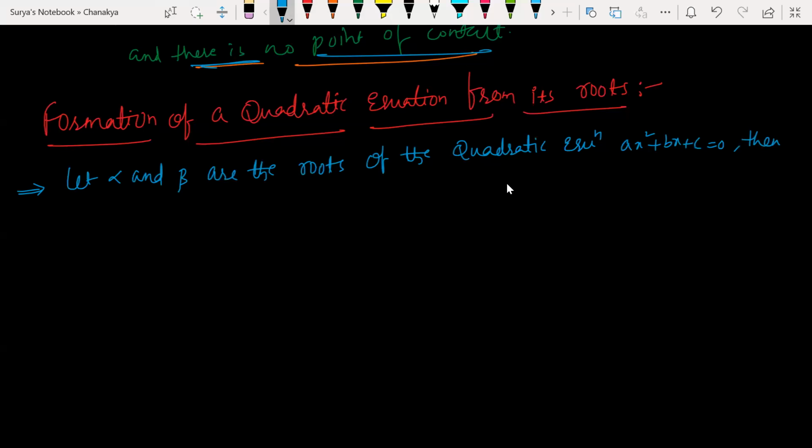Then (x minus alpha)(x minus beta) is equal to 0.